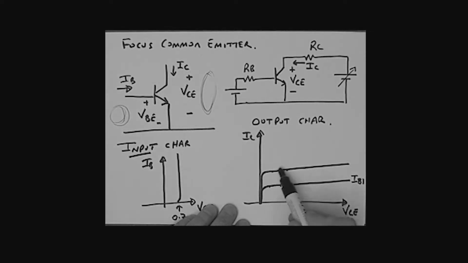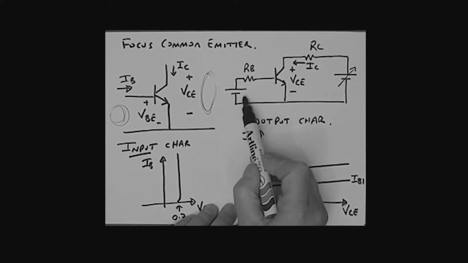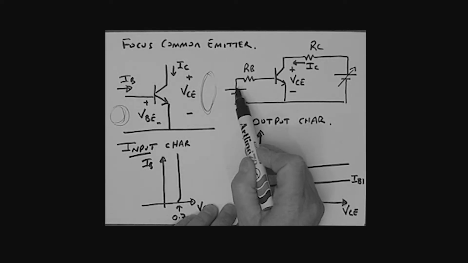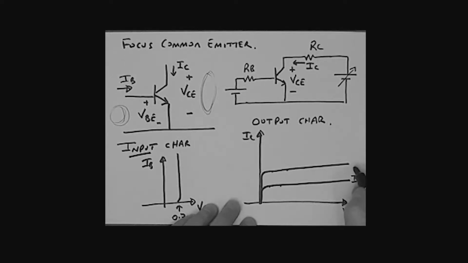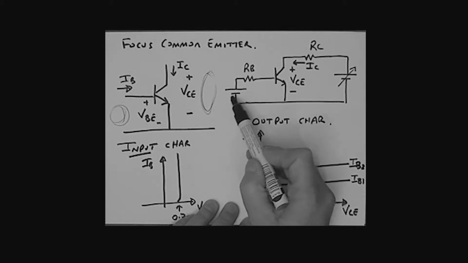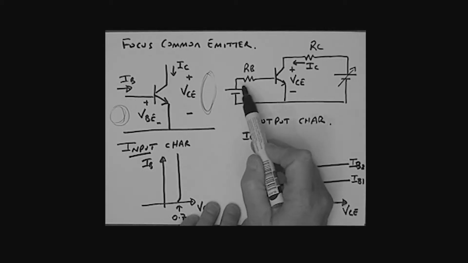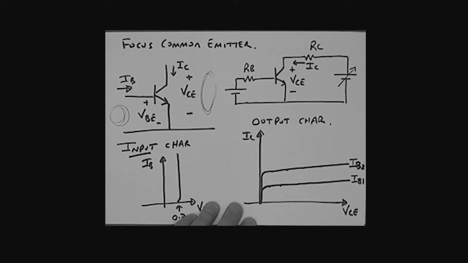This one is a plot of IC versus VCE, having fixed the base current at a new, higher value, which we could say might be IB2. Once again, I could change the base current, make it a bigger value and do the same thing again.